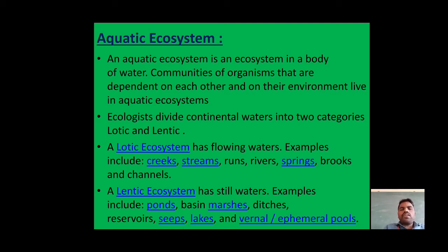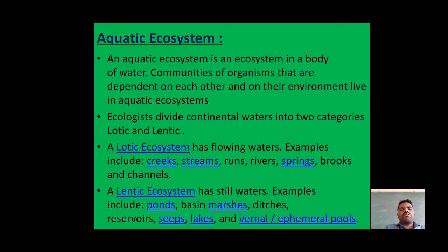Now the second one, the lentic ecosystem. What is the meaning of lentic ecosystem? It has still water, meaning standing water. Examples of the lentic ecosystem are ponds, basins, marshes, ditches, reservoirs, seeps and lakes.